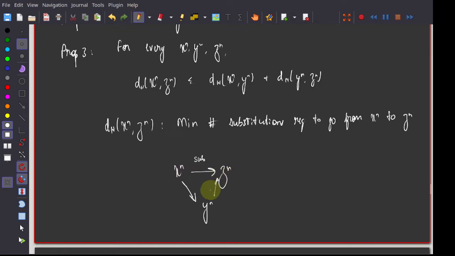And another way of making changes to go from xn to zn is this route via yn. So obviously, by definition, the number of changes to go directly should be less than or equal to the number of changes you need to make to go via yn. But what is the number of changes in this particular route?